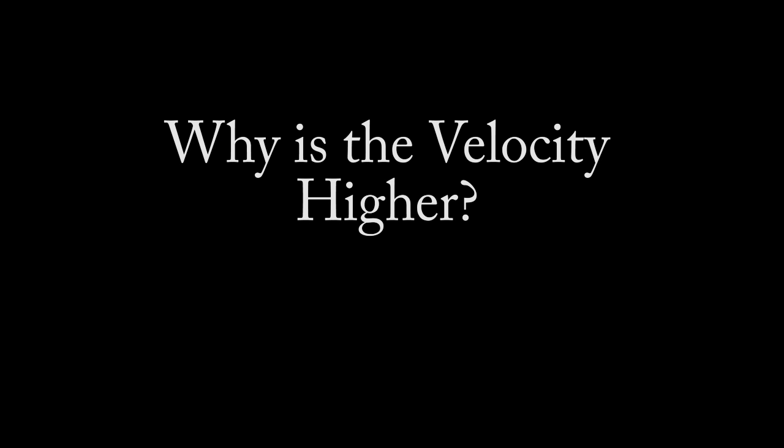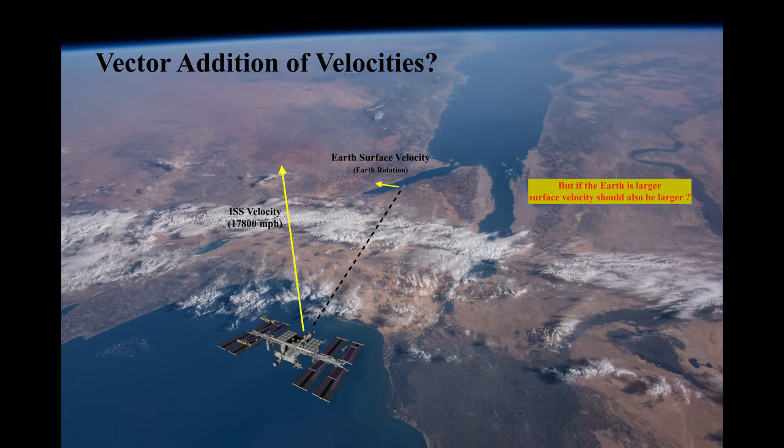So why is the velocity higher? That's kind of curious. Well, the first thing that came to mind is there may be a vector addition of velocities, right? The closing velocity could be higher. The ISS is going 17,800 miles per hour or so. That's the quoted number, based on orbital mechanics, etc. Of course, that number could be bogus.